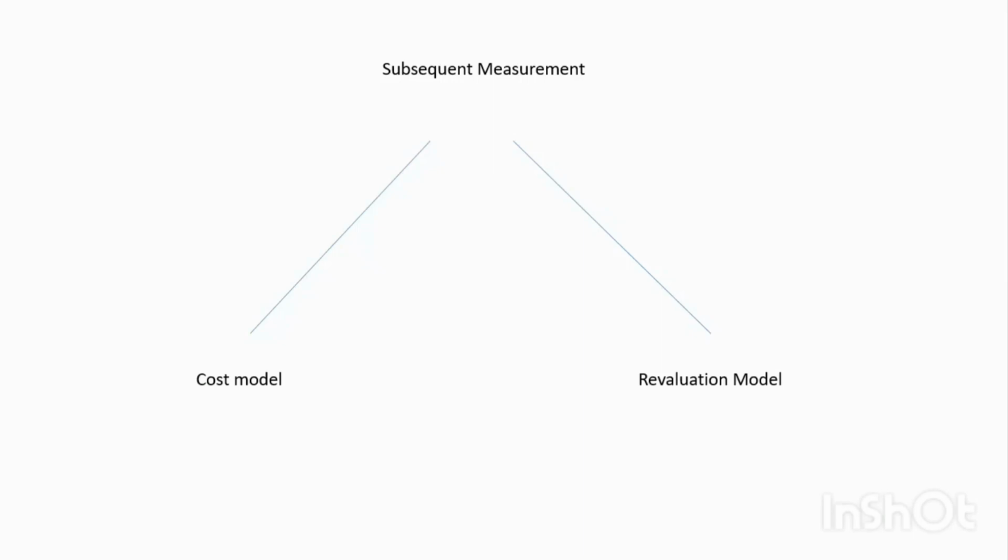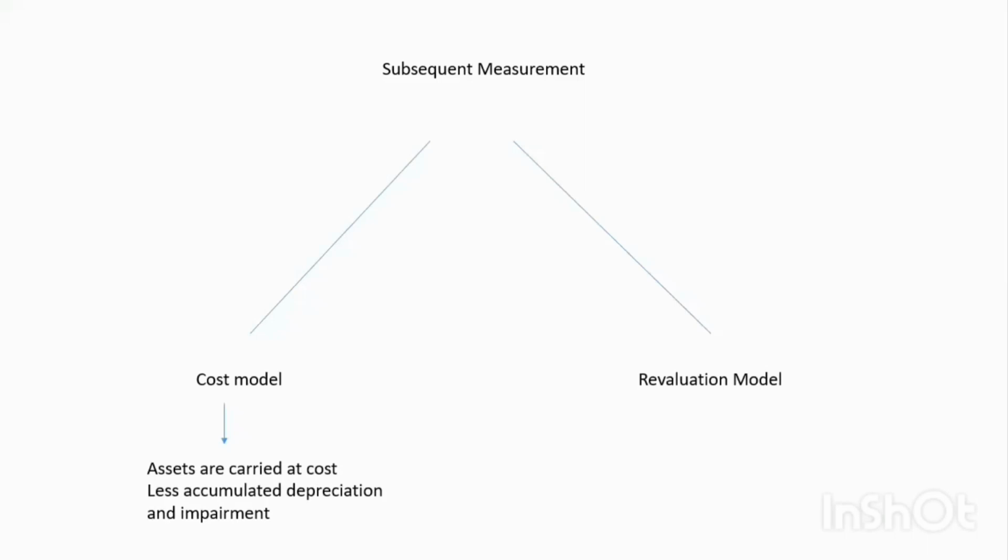So the company cannot say, I'm going to measure half of the motor vehicle using the cost model and the remaining half using the revaluation model. All of the class of that particular asset will be measured using one of either the cost model or the revaluation model. So what is the cost model?